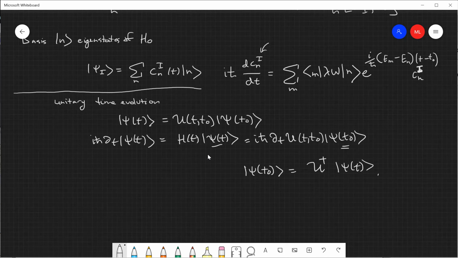If we plug this back in here, we have the following relationship: i h bar partial t acting on U times U dagger has to be equal to just H.